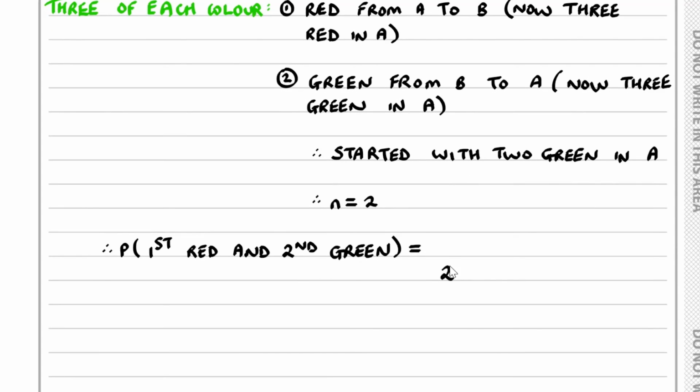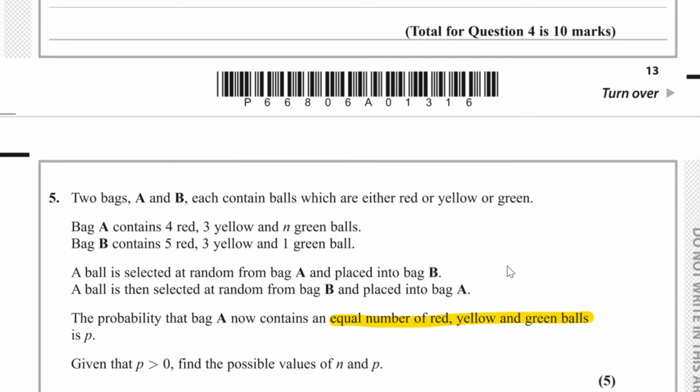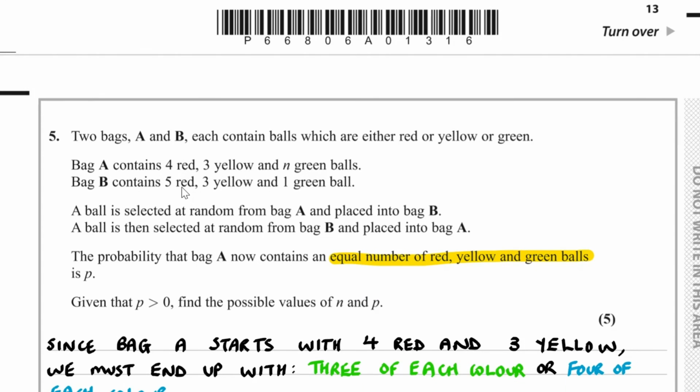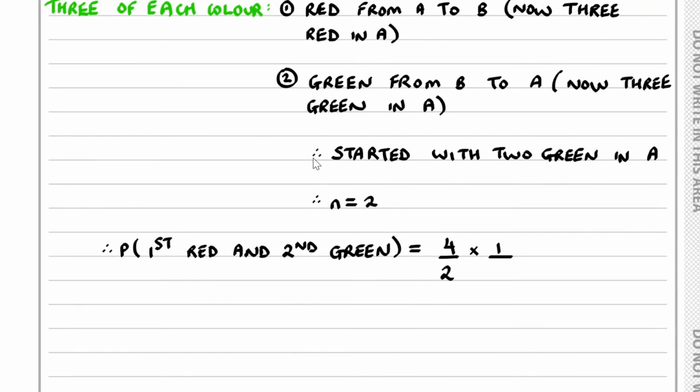And of those, 4 are red, and then in the other, we've got green from B to A. So here we've got 5 plus 3, which is 8, plus the 2, so that's going to be 10, because we've already added 1 from A to B. So we've got 1 out of 10. So rather than here, this is 4 out of 9.